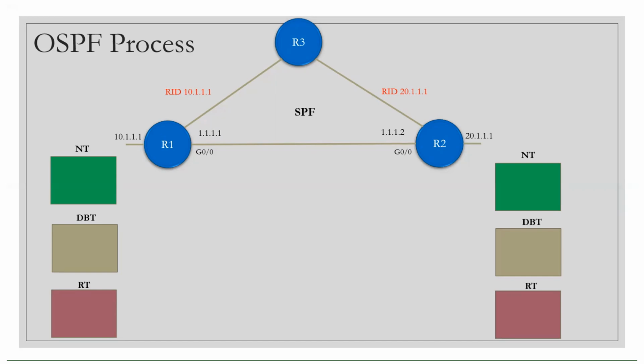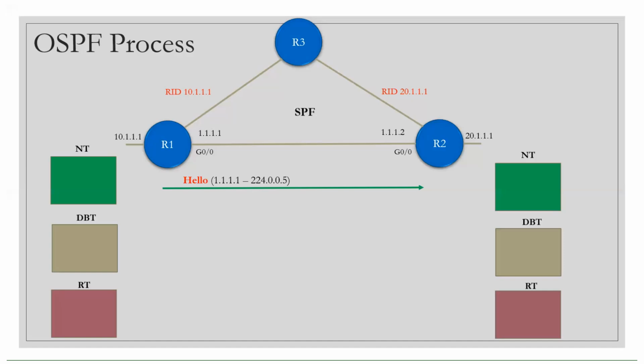Now, the first packet that goes from R1 to R2, let's say, is called the hello packet. Hello is the first packet sent across the moment you turn on OSPF. And that means, hey, I'm here and this is my IP address and so on. Now, R1 sends the hello through the interface connected between the routers.